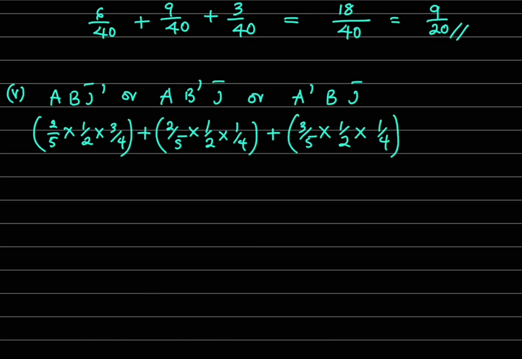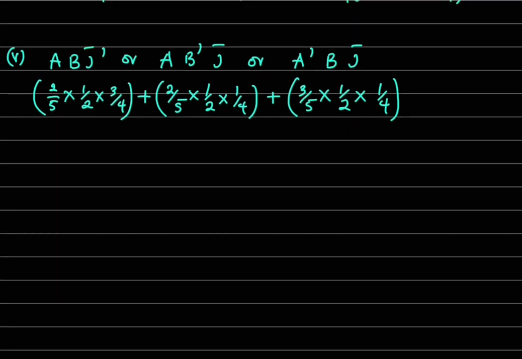This is what we have. Very important and simple. The same thing we are going to do here. So this is going to be 6 all over 40. Then plus we are going to have 2 all over 40. Then plus we are going to have 3 all over 40. So this is going to be 11 over 40.